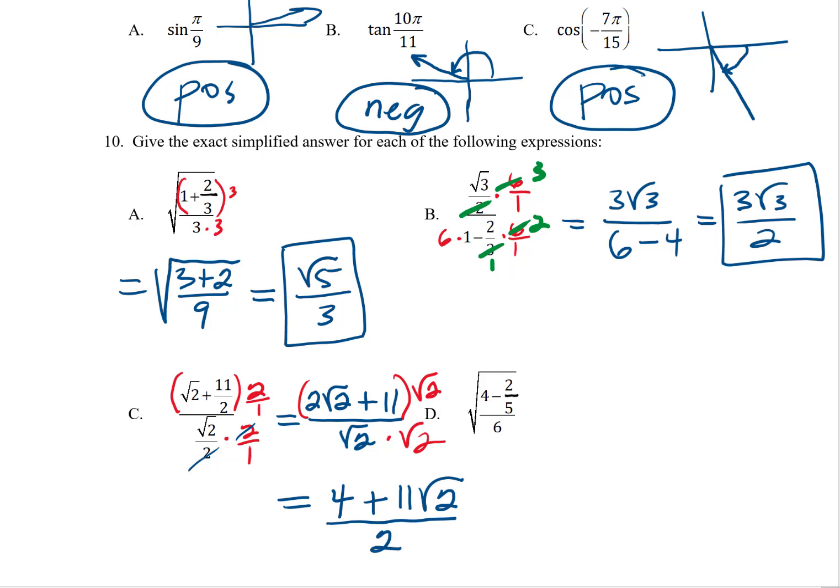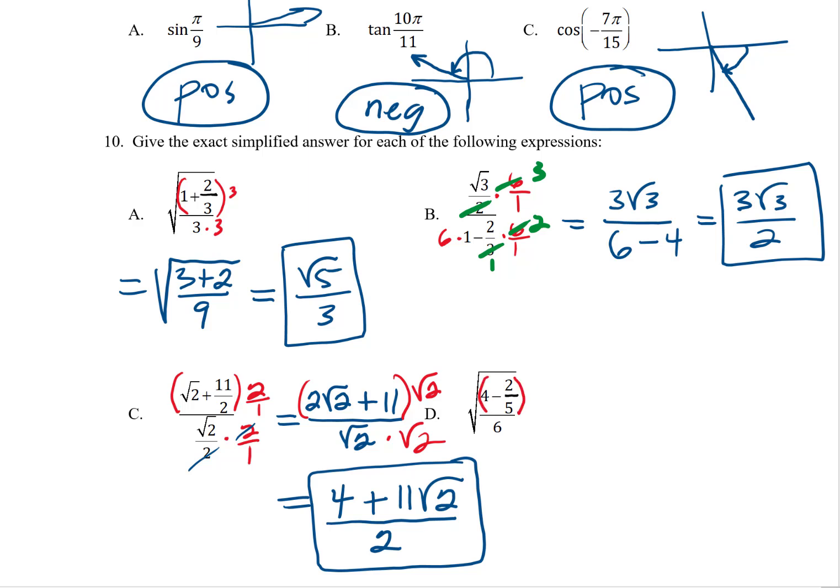Can I go further? Not in this case. Since 4, 11, and 2 don't all share a common factor, there's no more reducing that I can carry out. And so this would be the final simplified answer. And then letter D looks like letter A. The only little denominator is a 5.